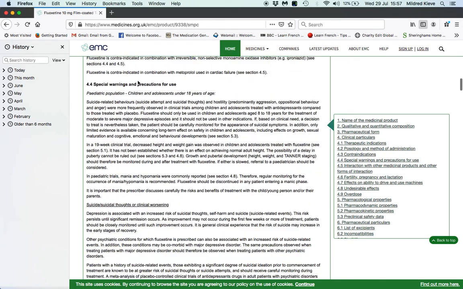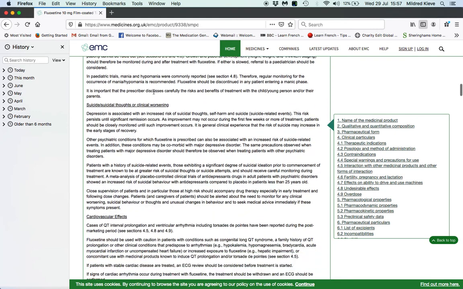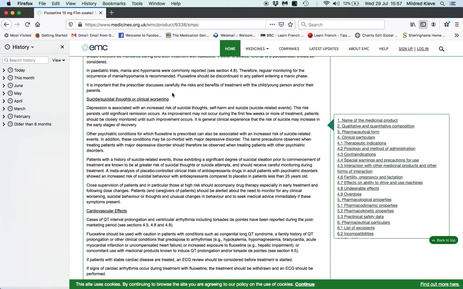So you've got special warnings and precautions, and if it's a drug you need because you've got an illness and this is important for you to take it, I'm not calling depression an illness that it's important to take a drug for, because that's a whole other story.